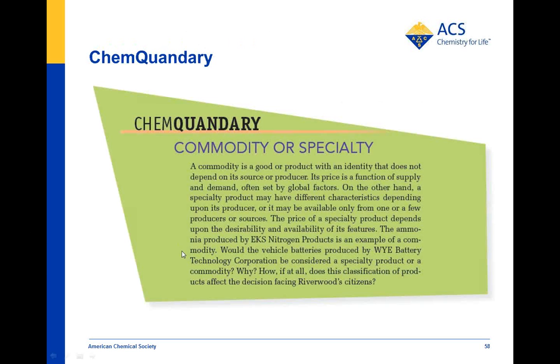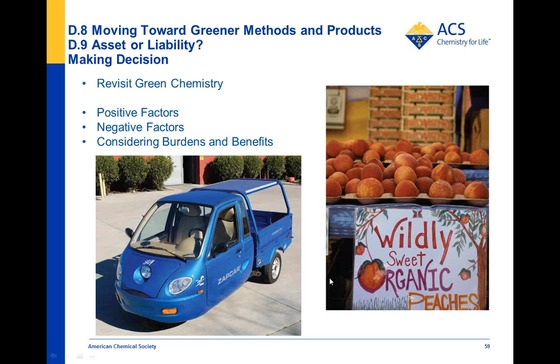commodity or specialty. Students may or may not have heard the word commodity. They may or may not understand what it is. We throw it around regularly, and students don't necessarily know what it means. That leads us into the discussion in D8 about greener methods and products.